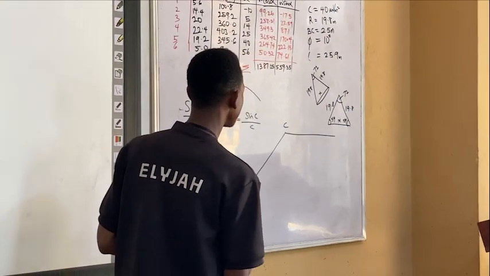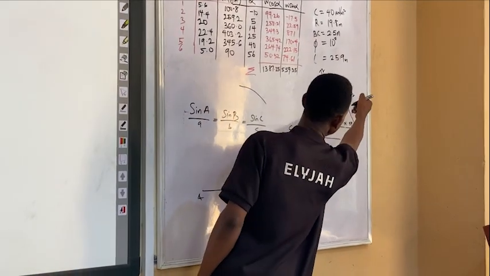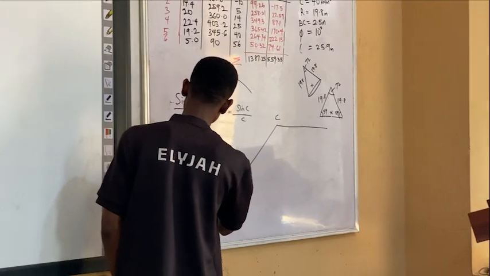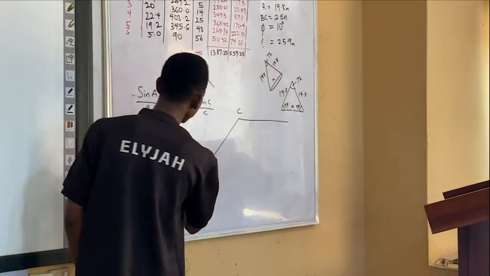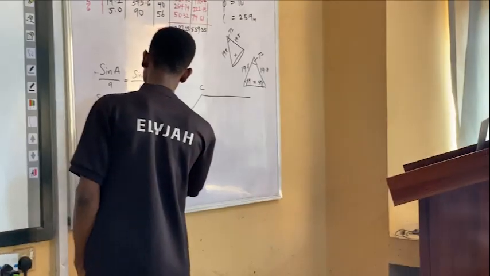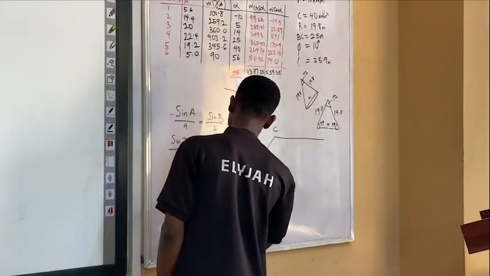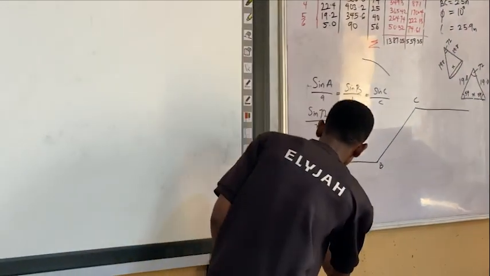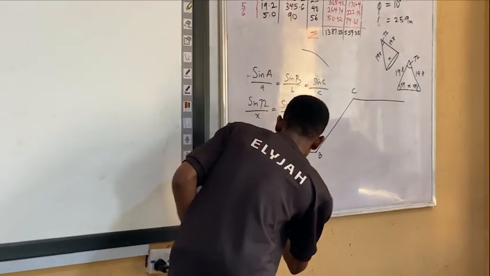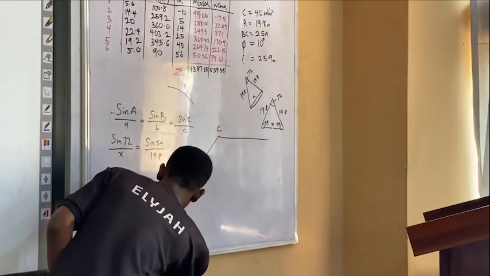So sine 72 divided by x must be equal to sine 54 divided by 19.8. After cross multiplication, x will be 19.8 sine 72 divided by sine 54.